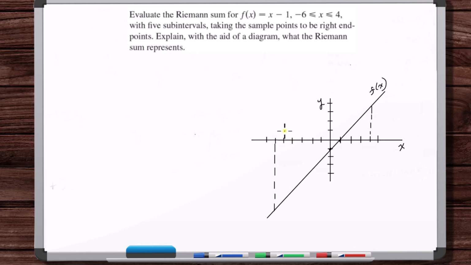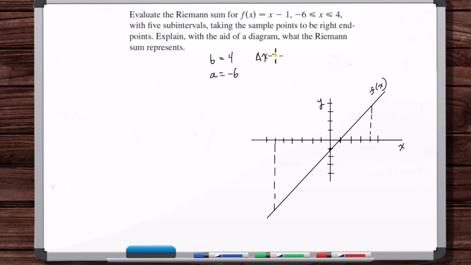With the right endpoints, the notation for Riemann sums is that the upper limit is b, and in this case that's 4. The lower limit of integration is minus 6. That's a.